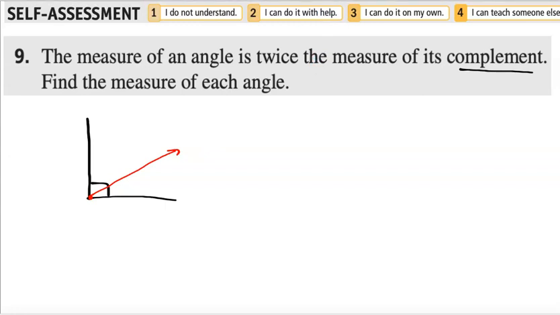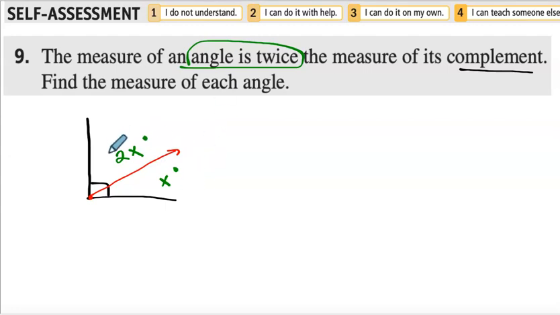So it says the measure of an angle is twice the measure of its complement. Well, I don't know one of the angles. The other angle is twice the measure of its complement. So if x is the angle, then the other angle is going to be 2 times x, 2 times its complement.